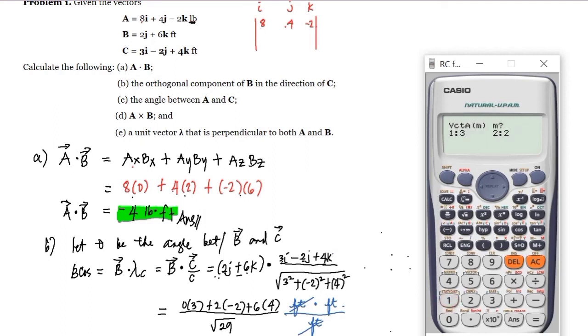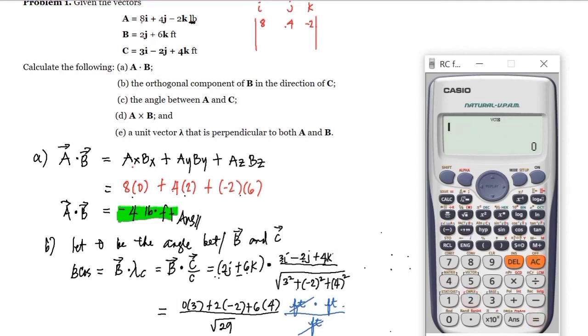And for the dimension, as we can see here, this is 3. So we have here for the vector A, that's 8i, 4j, and negative 2k.